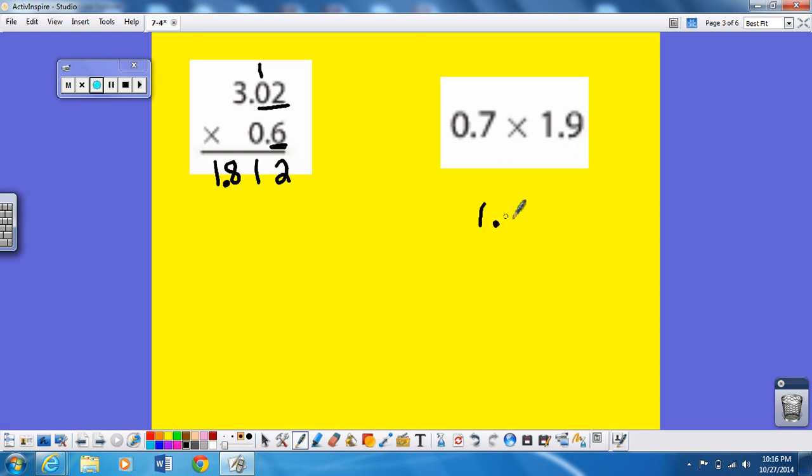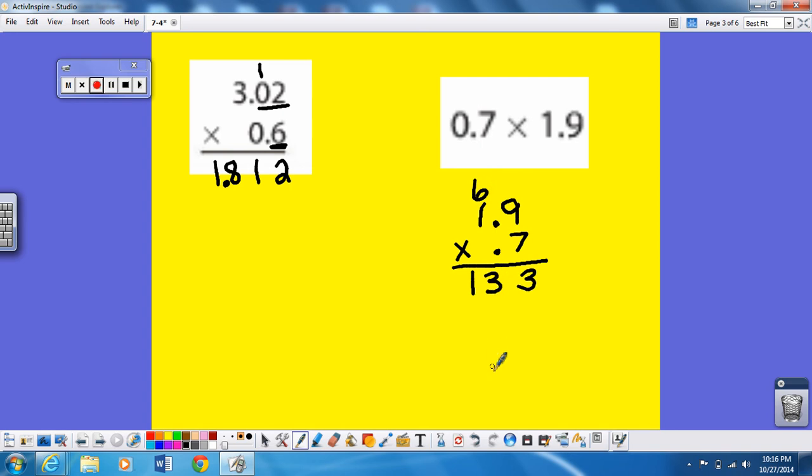We need to set it up. And I always set it up with the most digits on top. Notice I got rid of the 0 because the 0 before the decimal point means nothing. We could put a 0 there, but it's pointless. We're not going to do the multiplication there, so just go ahead and do it like this. 7 times 9 is 63. 7 times 1 is 7, plus 6 is 13.